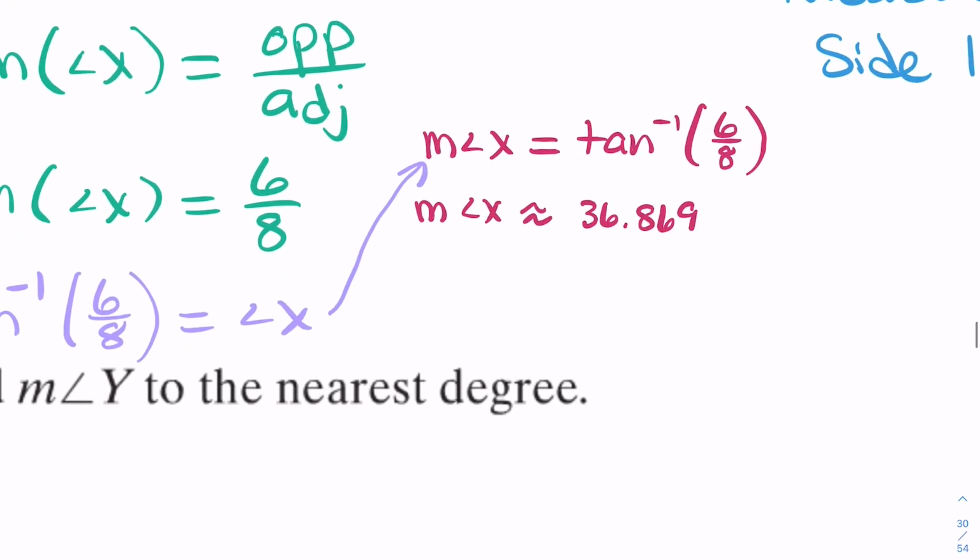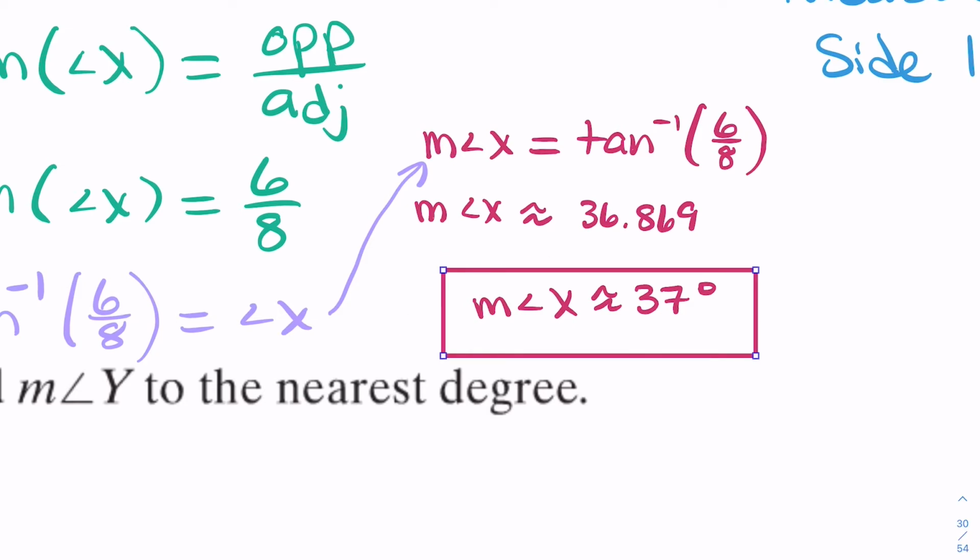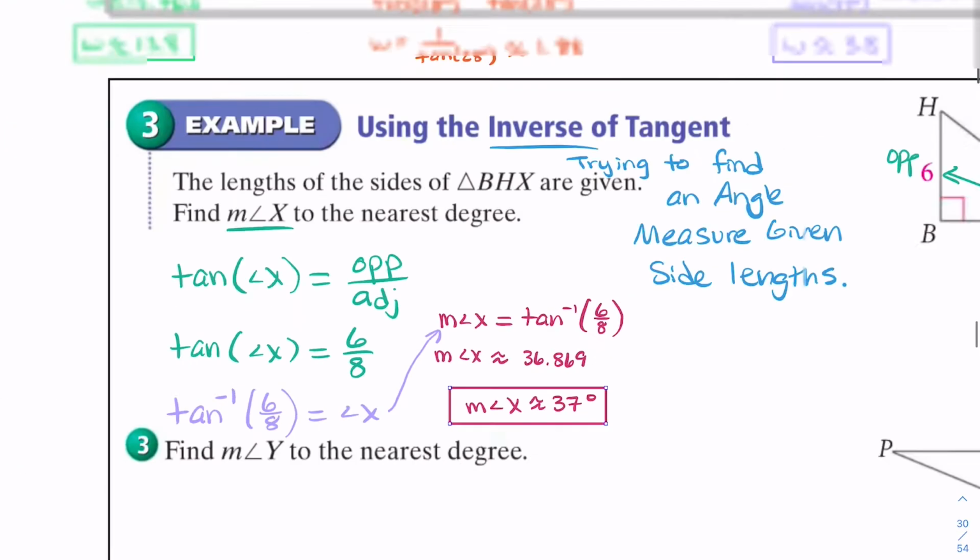To the nearest degree, the measure of angle x approximately equals 37 degrees. That's it.